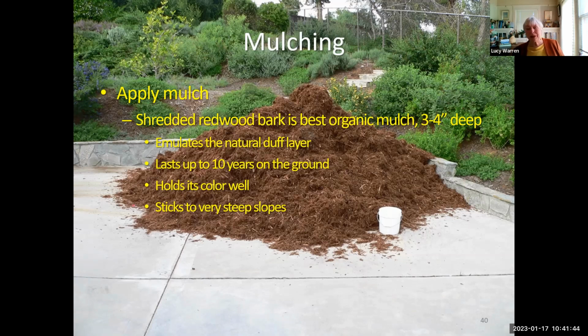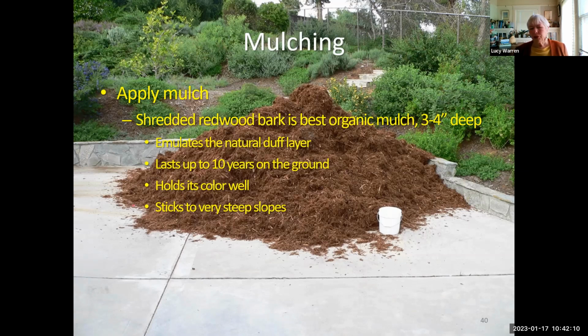Now it is the most expensive mulch that you can buy. But what you've saved by buying 1 to 5 gallon plants, you really should invest in this shredded redwood bark. And you need to apply it 3 to 4 inches deep. It emulates the natural duff layer. It lasts up to 10 years on the ground.